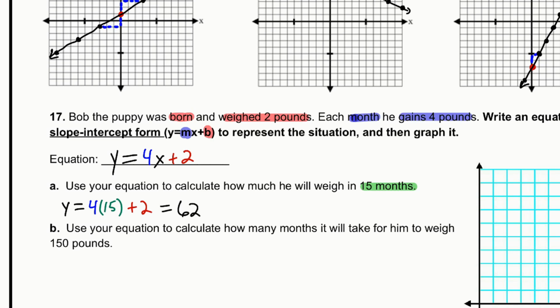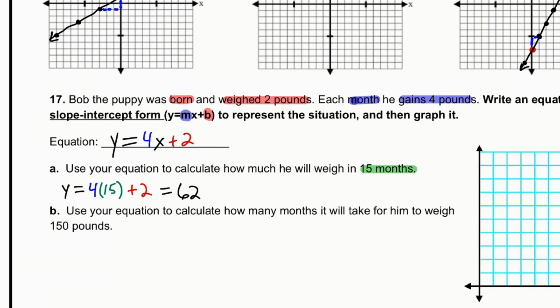Use your equation to calculate how many months it will take for him to weigh 150 pounds. So now he wanted to weigh 150 pounds. So in our equation, that will be the y value. So 150 is equal to 4 times x plus 2. So I'm going to subtract 2 to get the 4x by itself.